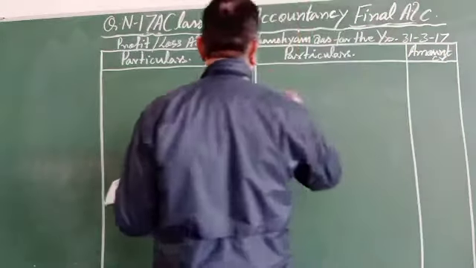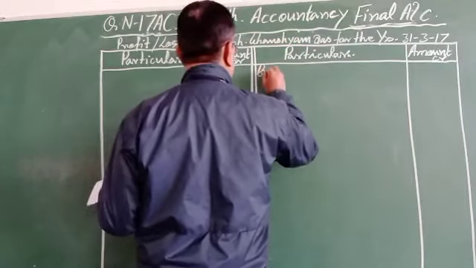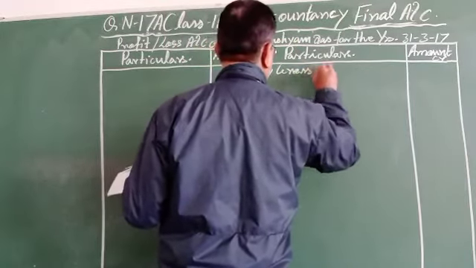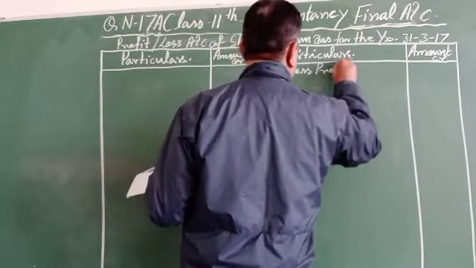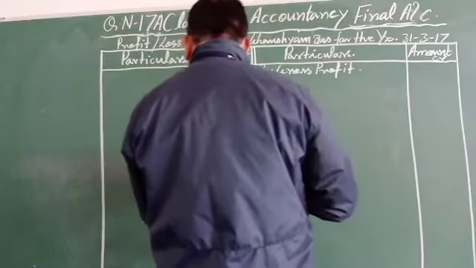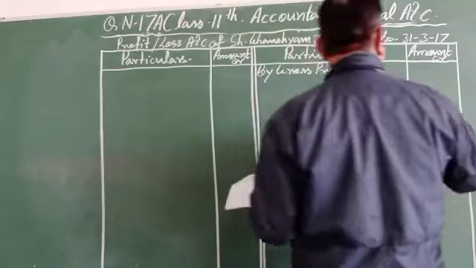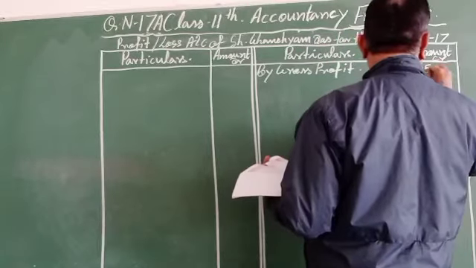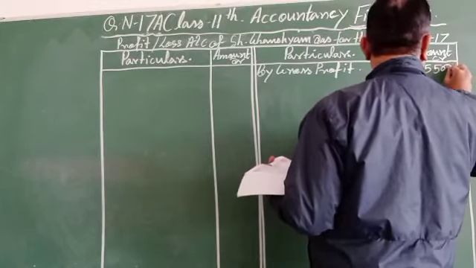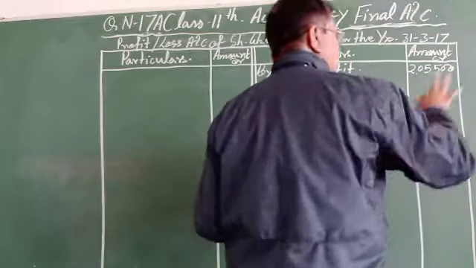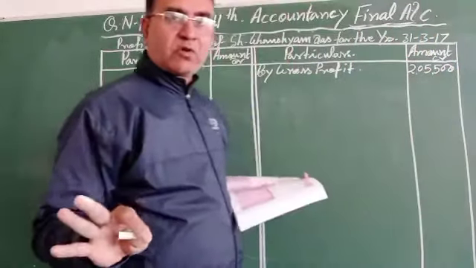By gross profit, 2,05,500. That is the gross profit ascertained through the trading account.